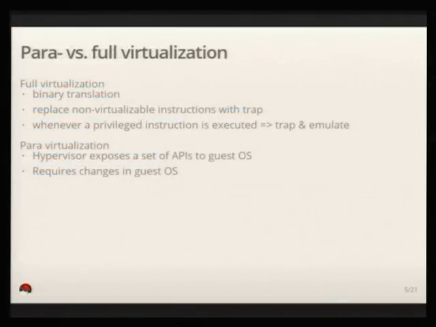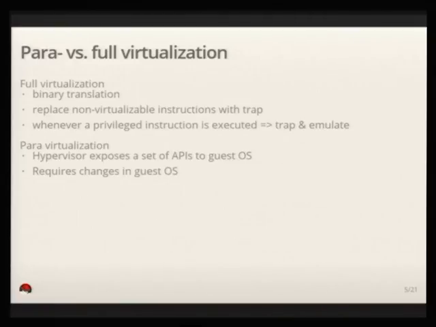So yet again, a couple of historical backgrounds. Firstly, the first approach to virtualization has been so-called full virtualization, which is done today as well, but we will get to it.